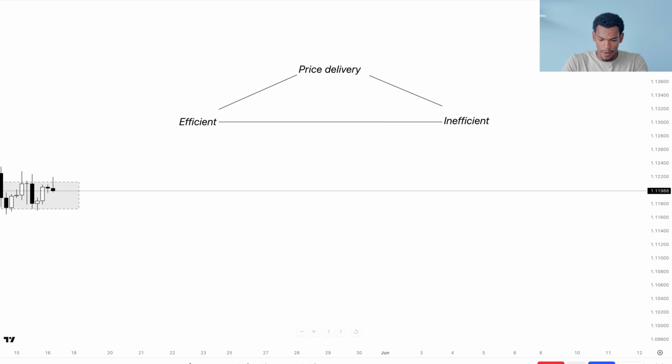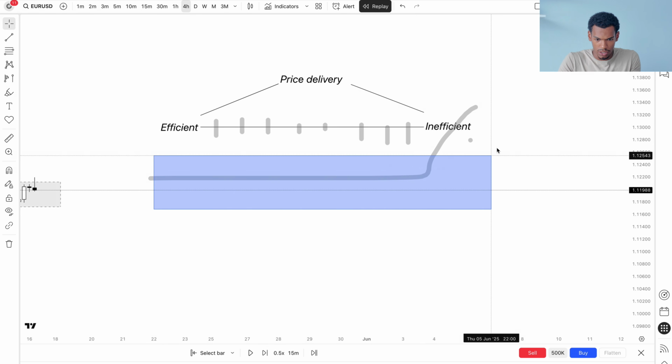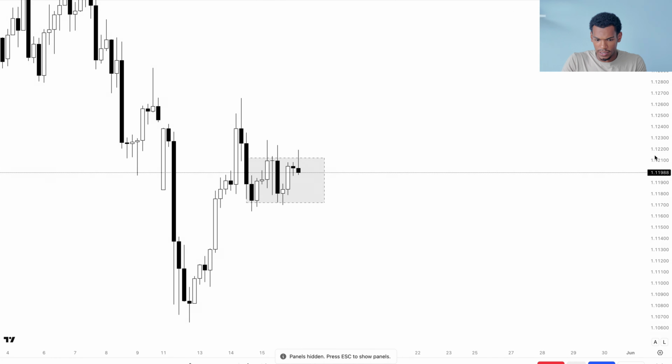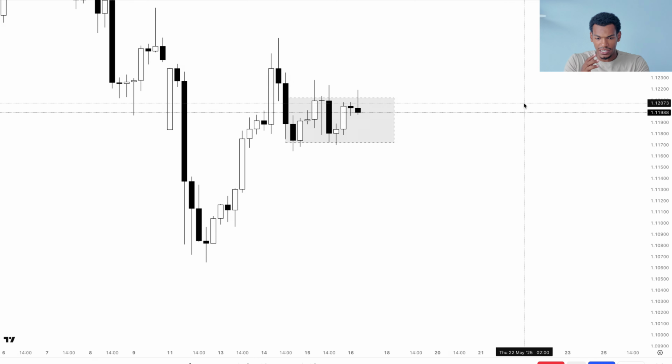So like I said, price delivery can manifest anywhere on this spectrum of efficiency and inefficiency. So let's get rid of this and start to look at how we can begin to understand the characteristics of each phase of delivery.